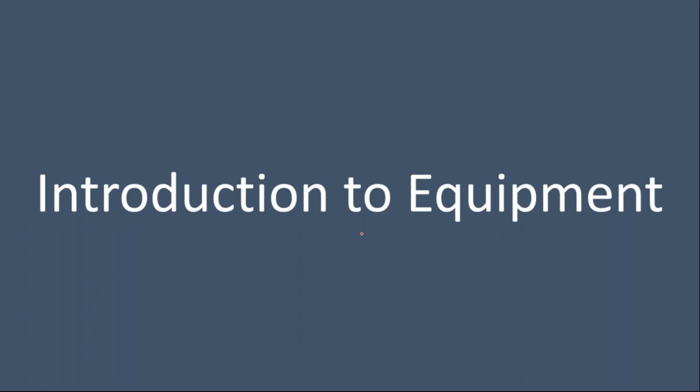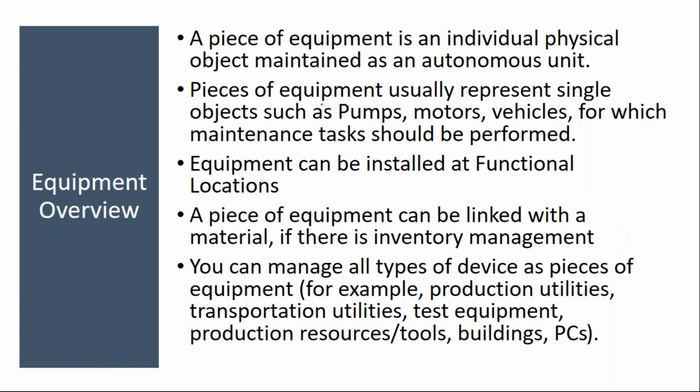So basically, first we'll start with the introduction to equipment. A piece of equipment is an individual physical object maintained as an autonomous unit. So basically equipment is nothing but an individual machine. A single machine is called an equipment.